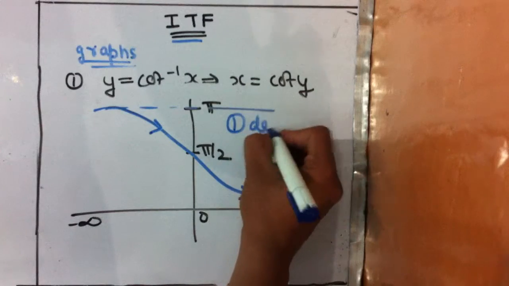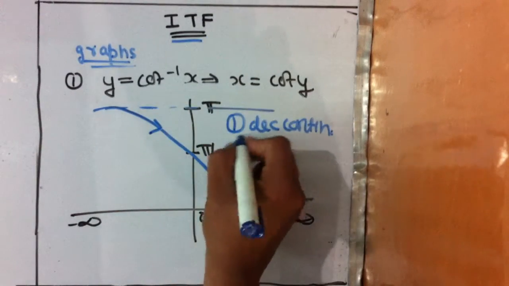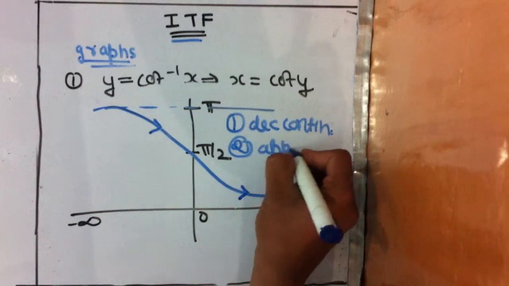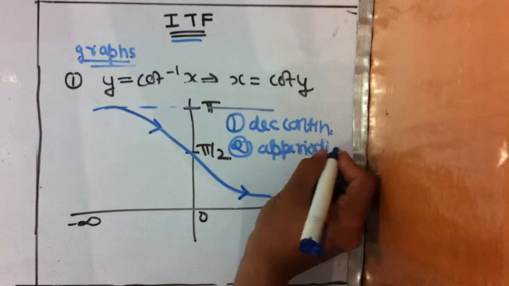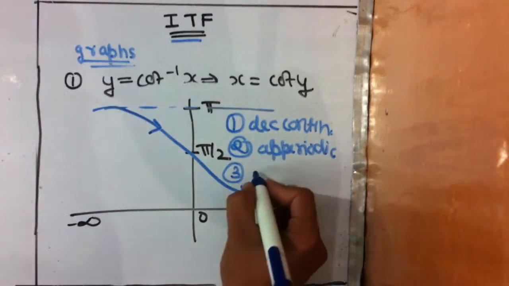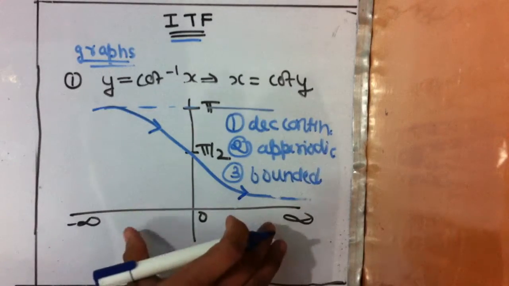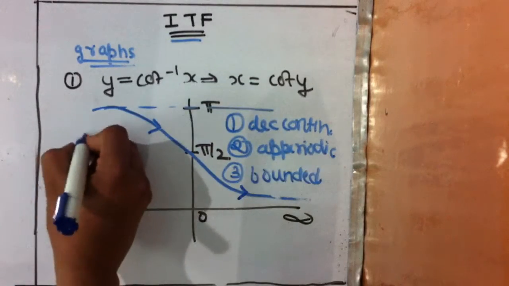So the first property is that it is decreasing continuously. Secondly, it is aperiodic in nature, as it does not repeat its graph. Thirdly, the given function is bounded in nature, as the graph follows a particular principal range.